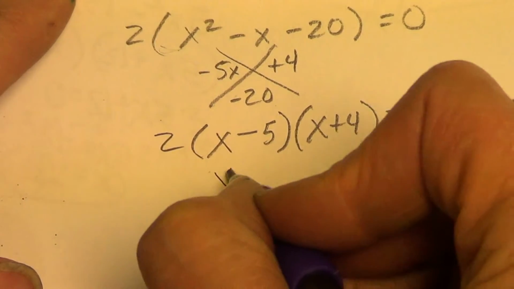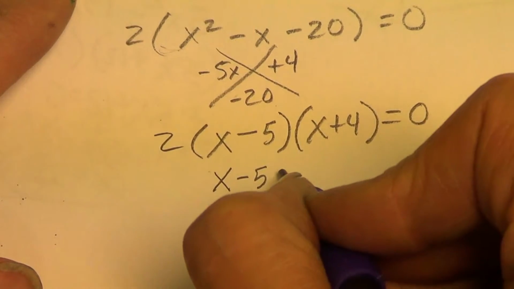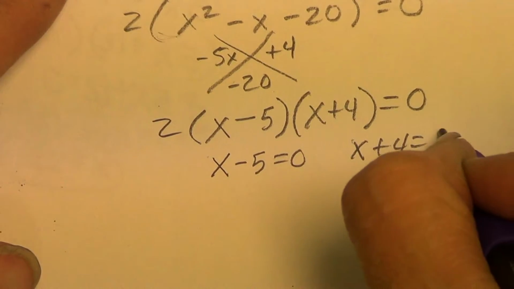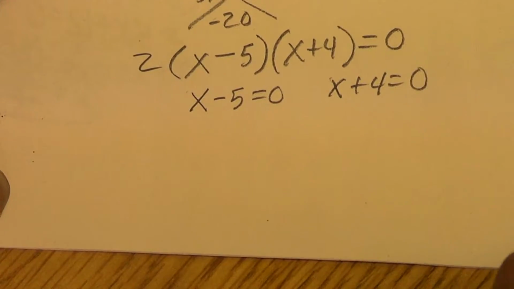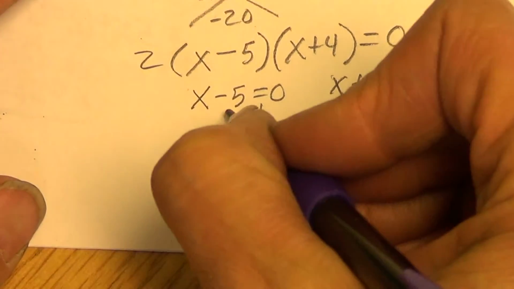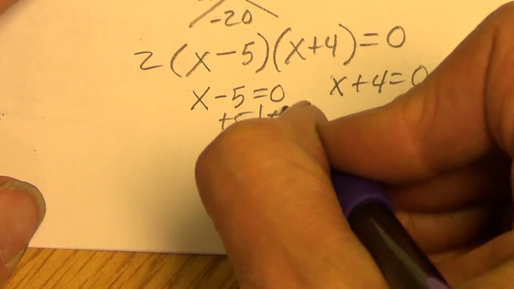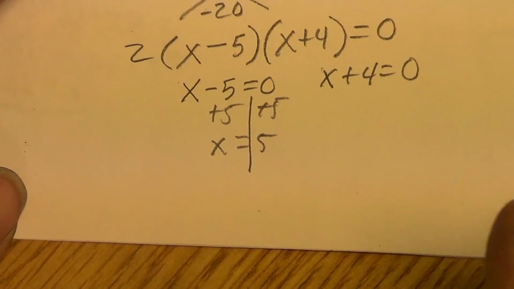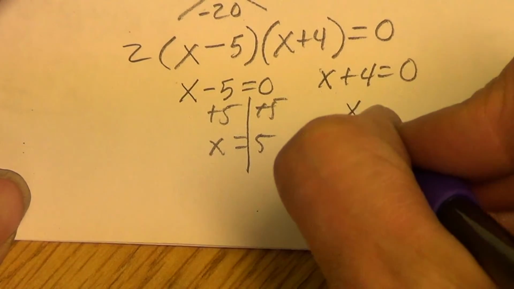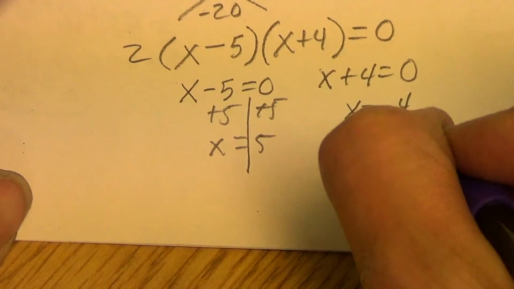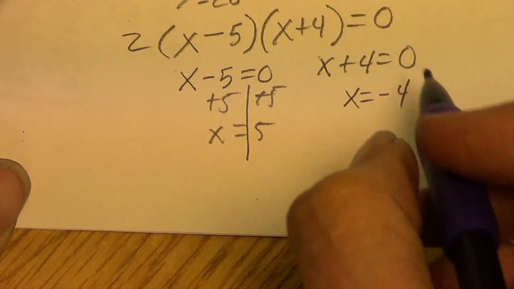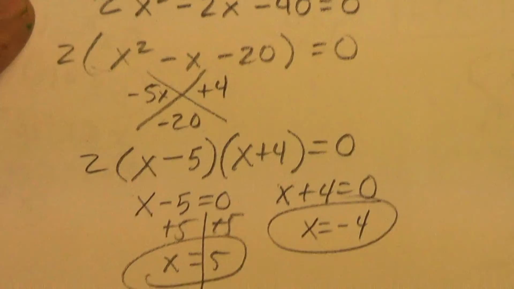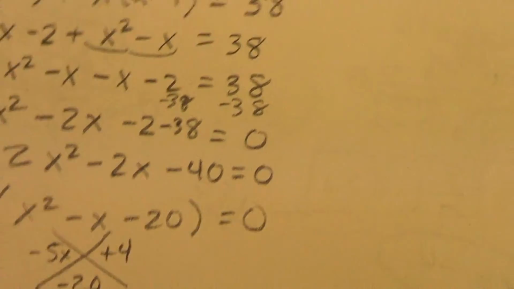Now we set everything in our parentheses to 0, so x minus 5 equals 0, x plus 4 equals 0. We add 5 to each side. x equals 5. x equals negative 4. Subtract 4 from each side.